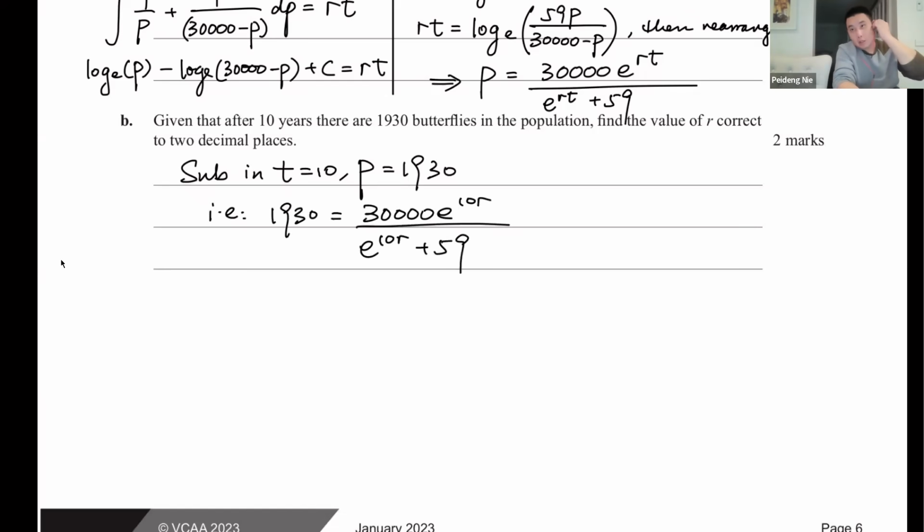Note, if you're writing the equation for R, you need to explicitly write R there rather than T, okay? In the past, I saw students confusing between the constant K, R, and the variable T, okay? So make sure you write down the correct letter. And R is 0.1400 something, which is approximately 0.14, corrected to 2 decimal places.